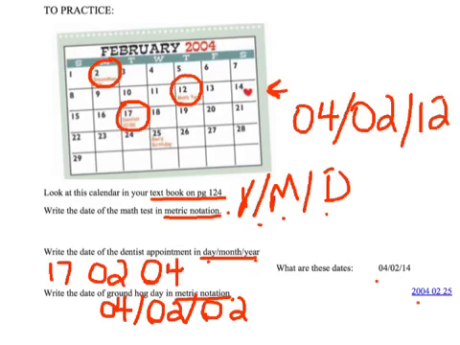Now let's take a look at these dates. We have 04, 02, 14. Now from the 14 we can tell that this must be the day. 04 is on the calendar, so we can tell this must be the year. So this must be year, month, day, which would make this February. Usually we do this in short form.